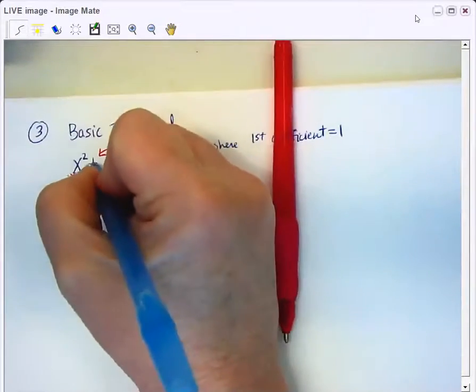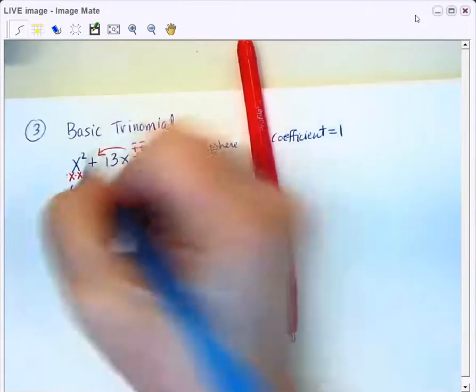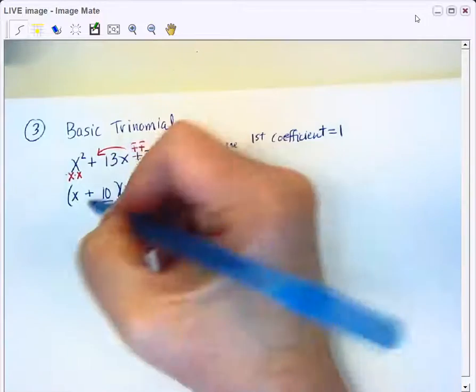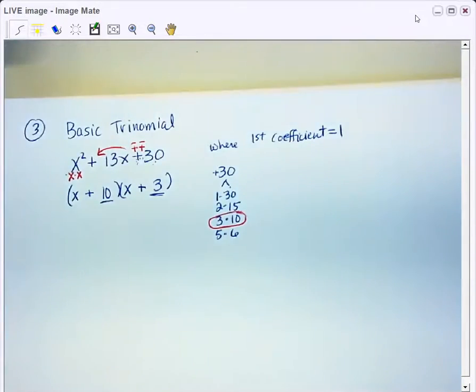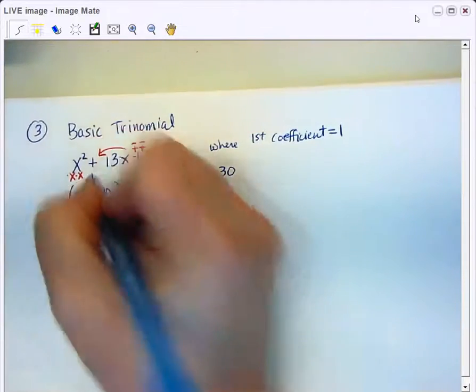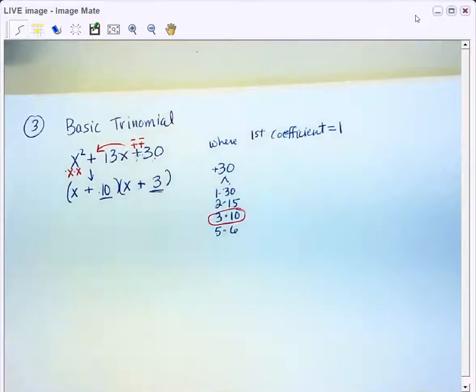So I'm going to have you bring down this sign, and positive times a positive is a positive. And bringing down that sign, positive times positive is a positive. And that's it. When we multiply this out again, this is where you would be told to check your work.